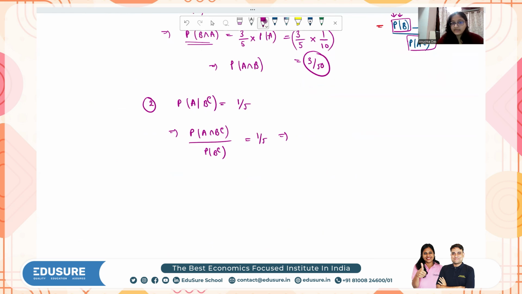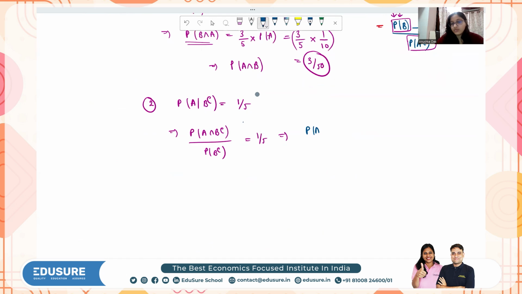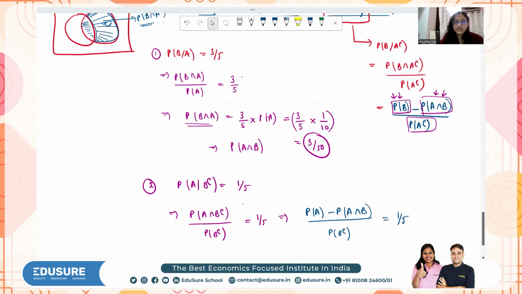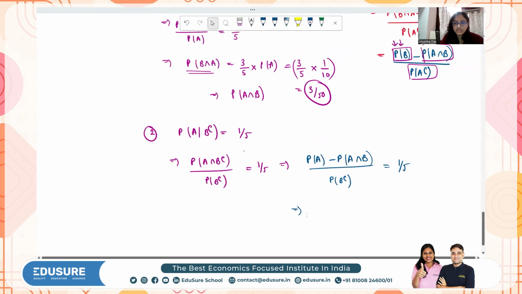Again, the numerator can be written in the following way: probability A minus probability A intersection B this time. And the denominator is as it is. And how do you get this? A intersection B complement is this portion. Again, take the entire event A and subtract this intersection portion from that to get this remaining portion.